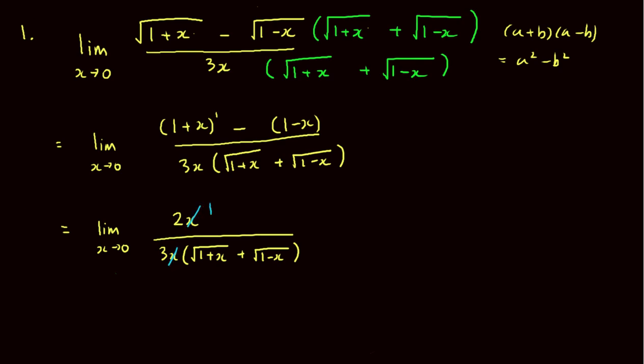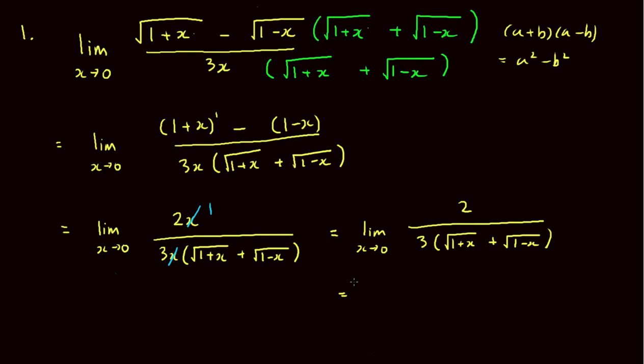Then we'll end up having the limit as x approaches 0 of 2 over 3 times (root of (1 plus x) plus root of (1 minus x)). As we solve the limit, let me just grab my calculator real quick. It's 2 over 3 times (root of (1 plus 0) plus root of (1 minus 0)).